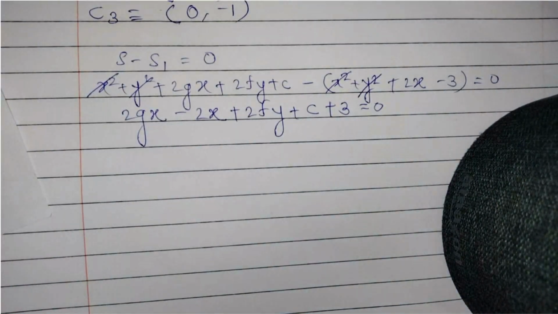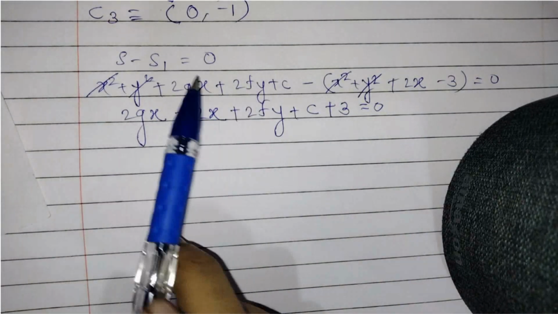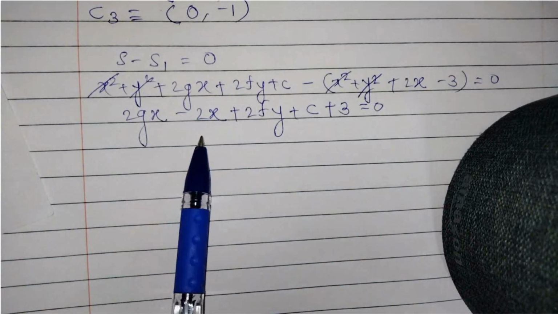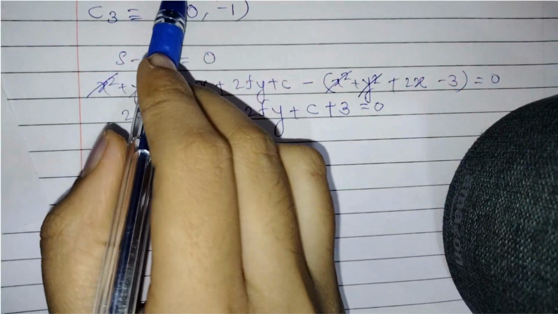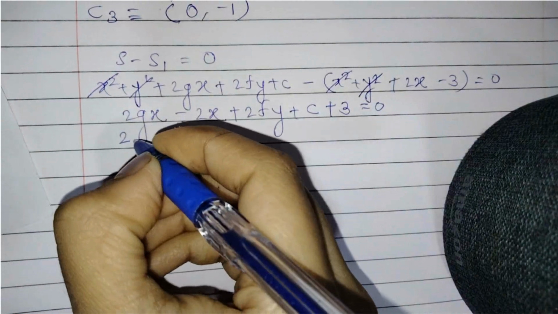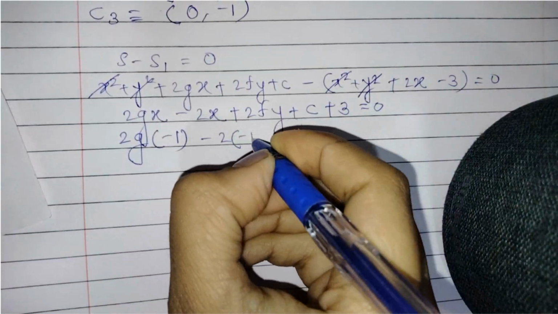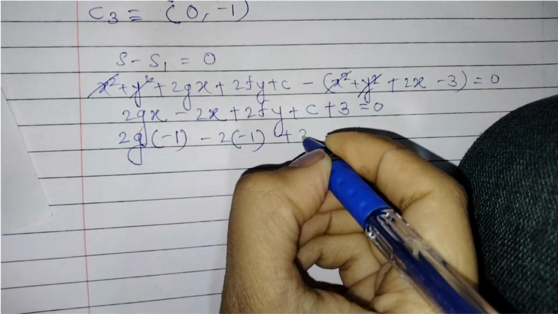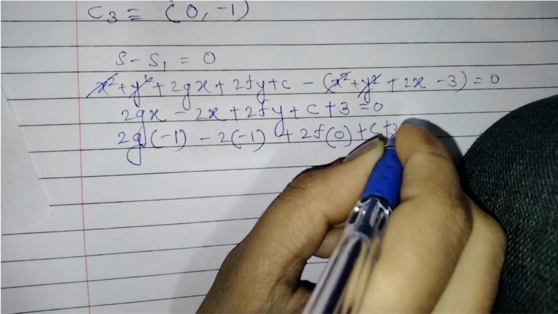Alright, now we have also found out the center of S1, so we can substitute that in this equation. C1 is minus 1 comma 0. So substitute in the value of x as minus 1, 2x minus 1, 2fy with y as 0, plus c plus 3 is equal to 0.